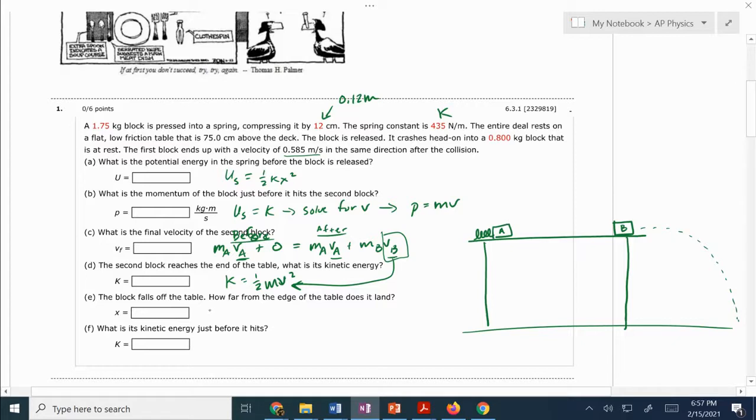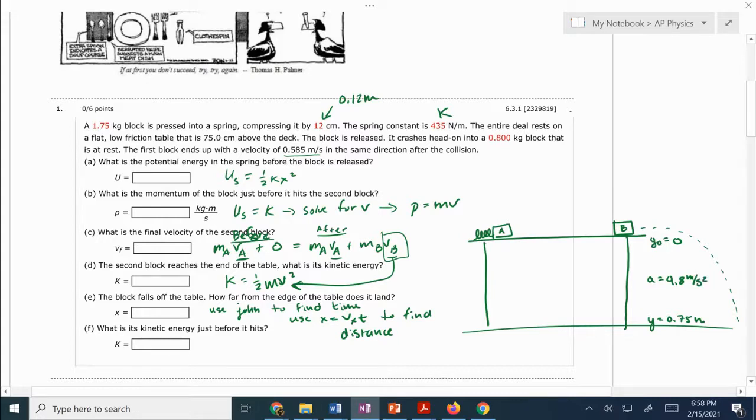This is your typical projectile problem. Use the kinematic equation to find time, and use x equals v_x t to find distance. When you use the kinematic equation, you're doing just the vertical. So y naught is equal to 0, y is equal to 0.75 meters, and your acceleration is 9.8.